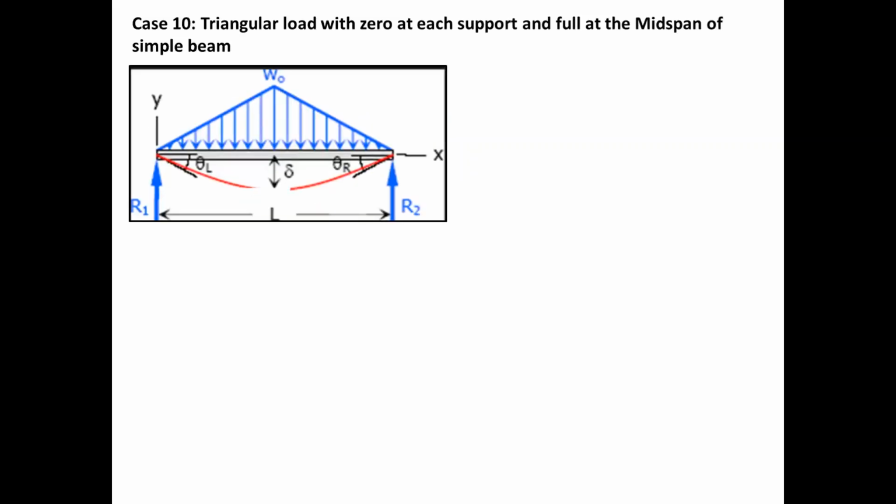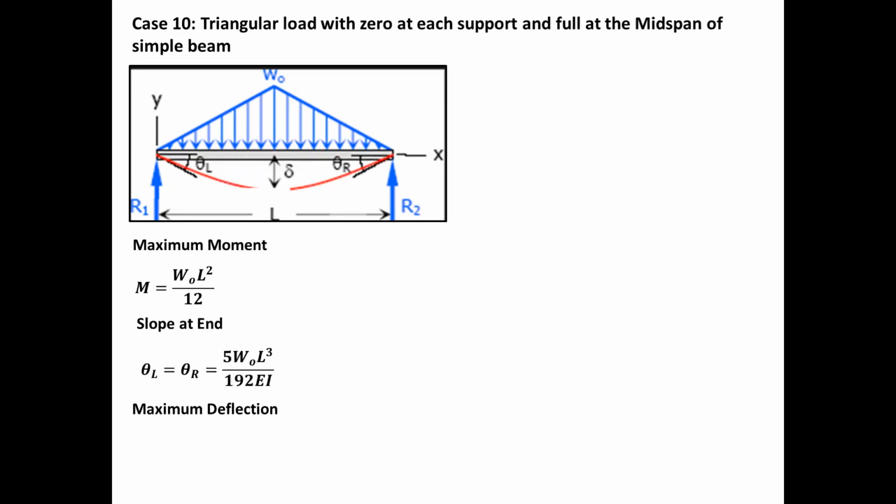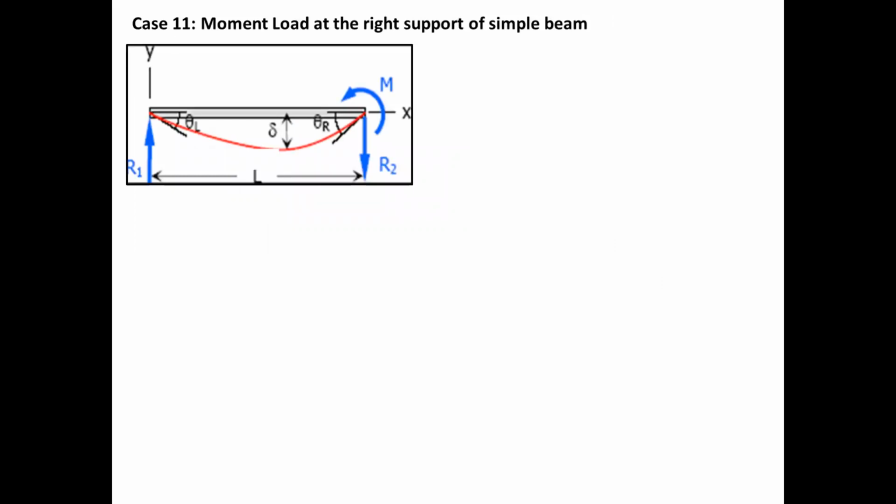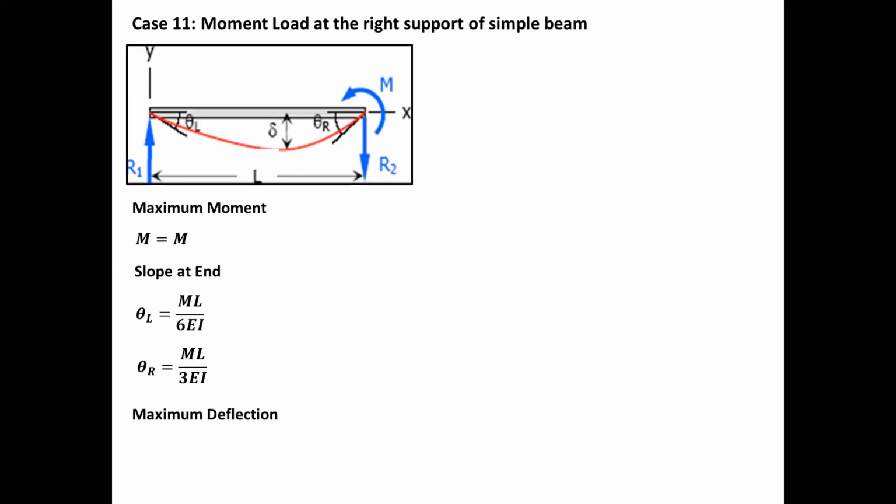Triangular load with zero at the support and peak at the midspan of simple beam. Case 10. Yun yung mga formula natin. Mula maximum moment, slope at N, maximum deflection, hanggang deflection equation. Y is positive downward. Case 11. Moment load at the right support of simple beam. Okay, yan ang ating maximum deflection and deflection at center, not maximum.